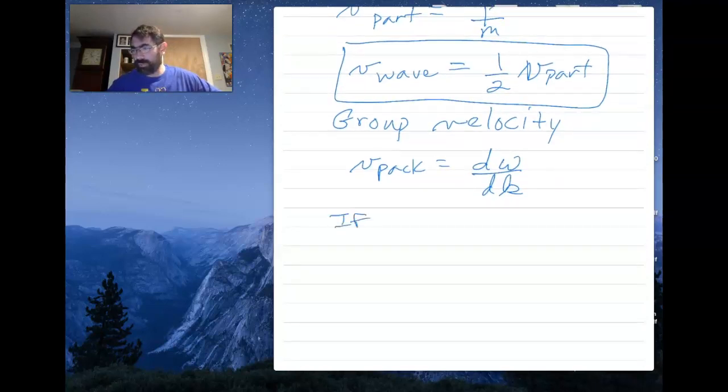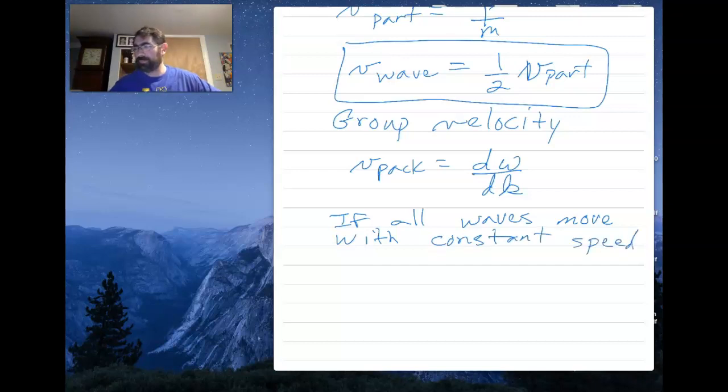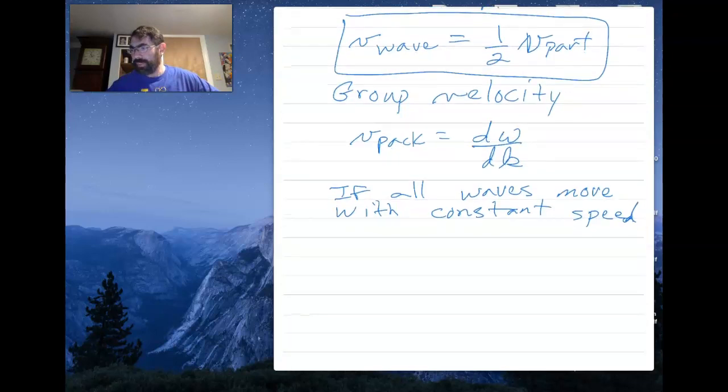So if all waves move with the same constant speed, then our definition of omega would be the wave speed times the wave number.